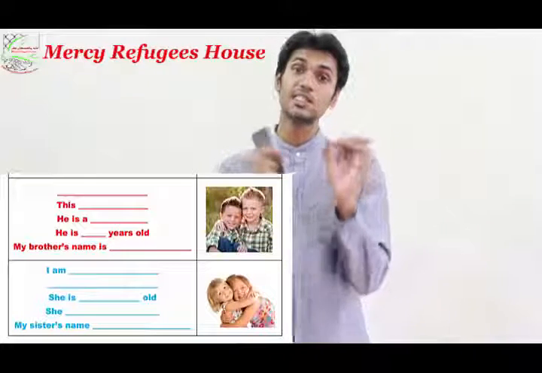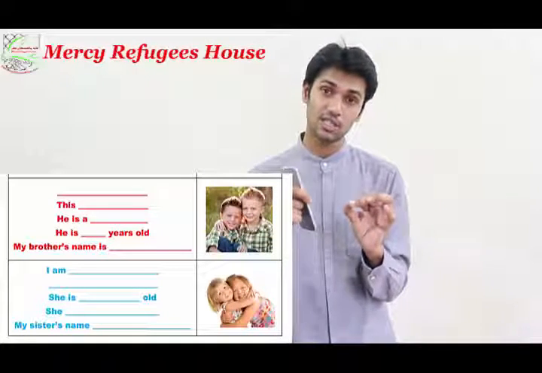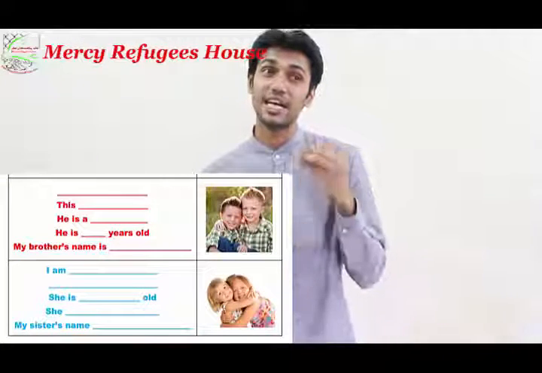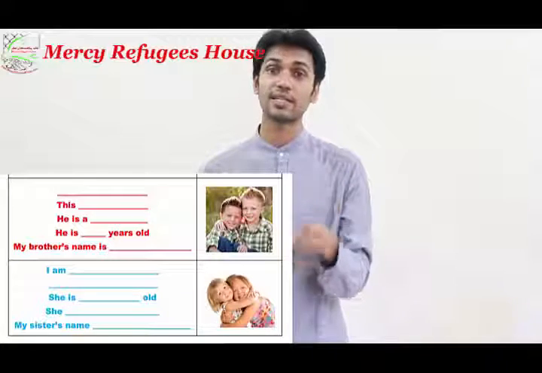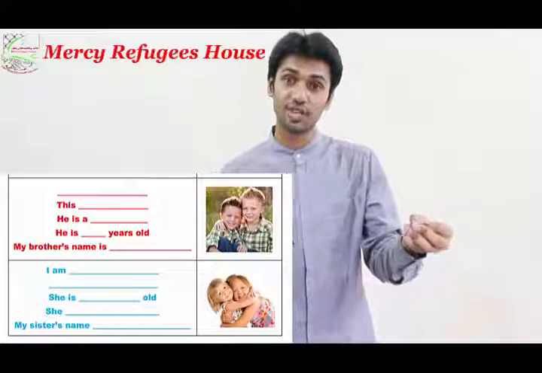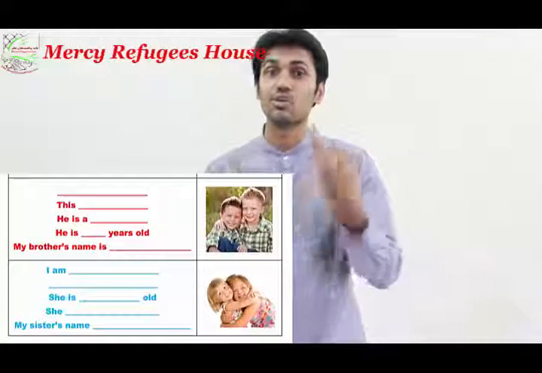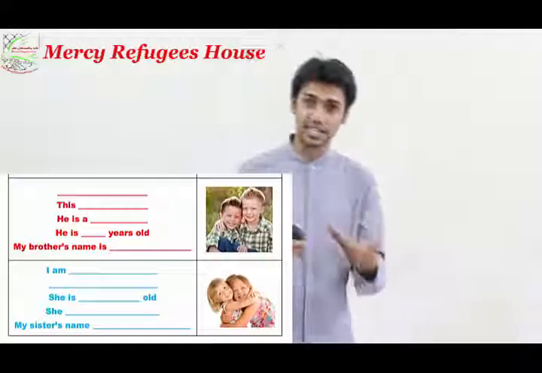Help each and every student by going to them and checking if they understand it. Help them write their brother's name, sister's name, father's name in the right place and ask them to say it again and again and again.